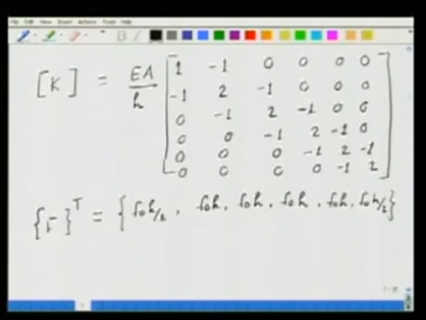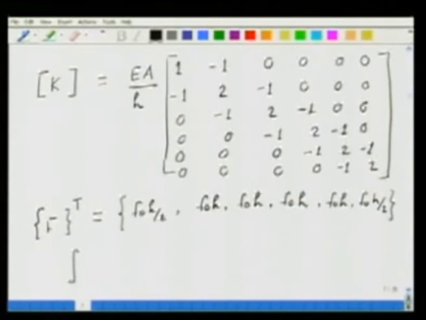Now comes the next part, that is we have to take care of. If you remember how we went about this, after we got the unmodified stiffness matrix and the load vector, then we took care of the Neumann boundary conditions first. Now in this problem, both ends have Neumann boundary conditions. So if I look at the weak form, you should remember the weak form also.